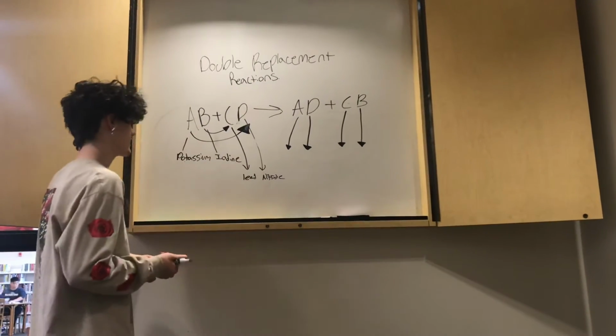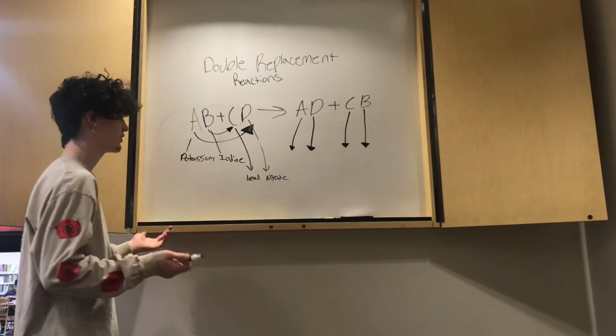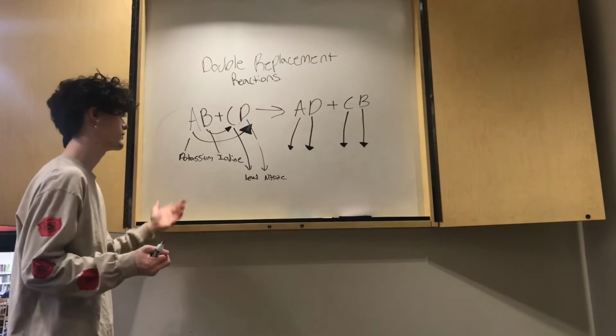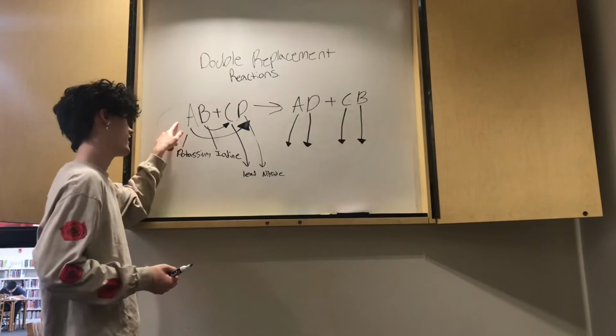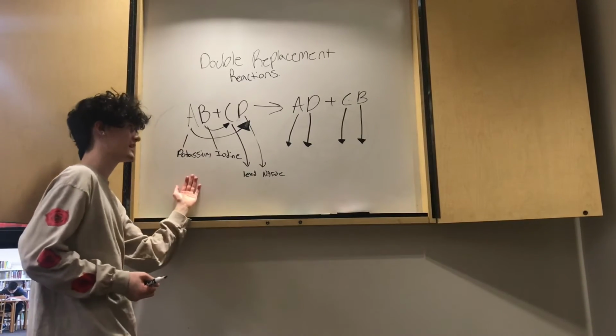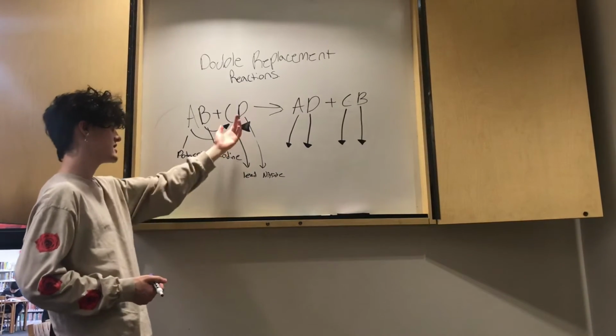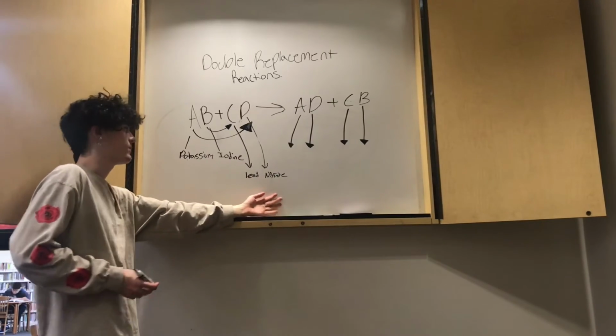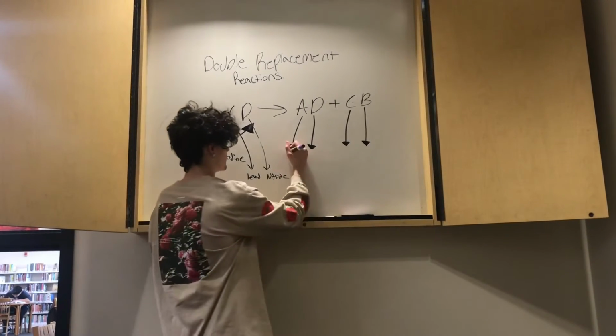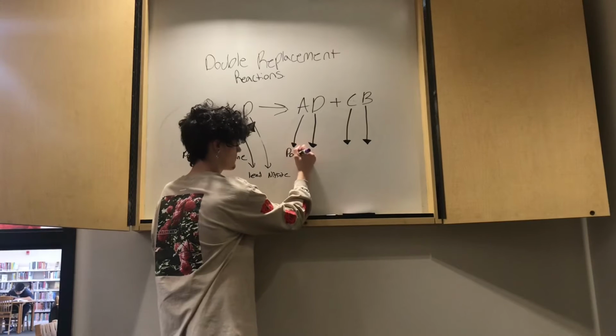And essentially what's happening here is the ionic bonds, they like the A, which represents potassium, likes D, which is nitrate, and then you end up with potassium nitrate.